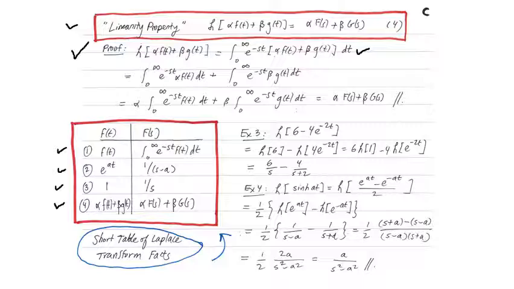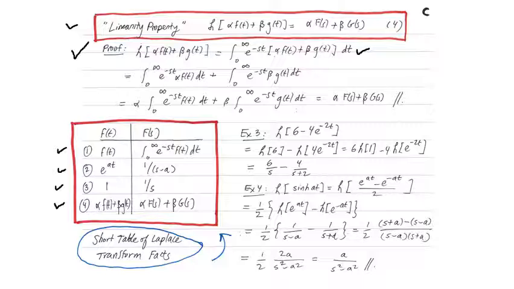I'll usually ask students to do something like this in the homework and sometimes on a quiz or test as well. Usually I'll give them some other transform like a Fourier transform, Fourier sine transform, or Fourier cosine transform to try. The derivation of the linearity for those things is very similar to what we're going through here.